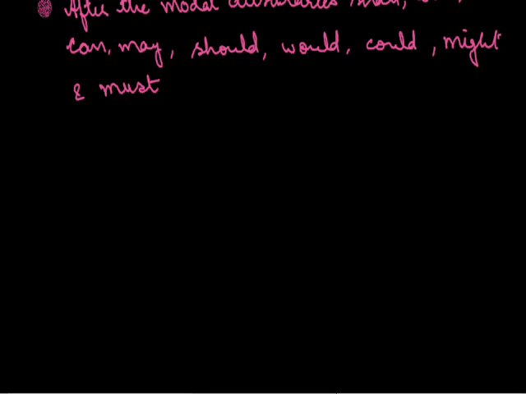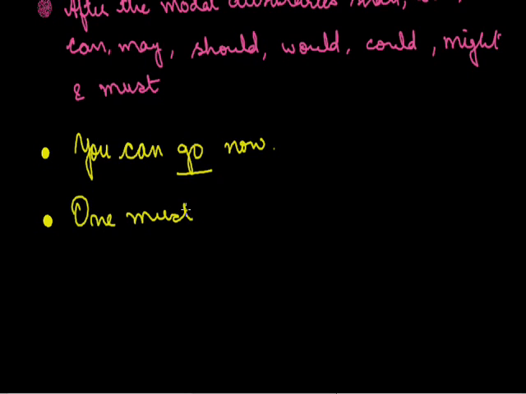For example, you can go now. So here go is an infinitive without 'to'. Example 2, one must do one's duty. So do here is an infinitive without 'to'.